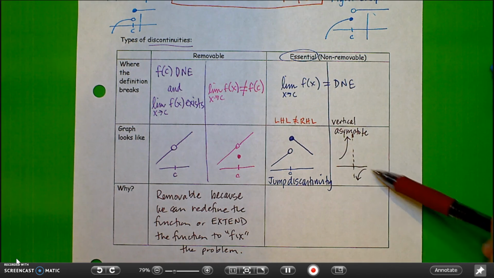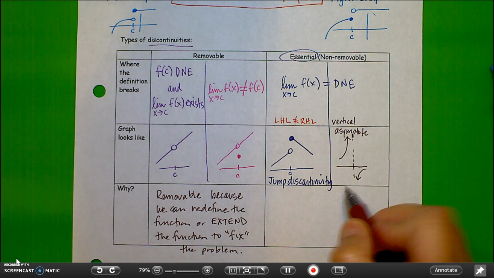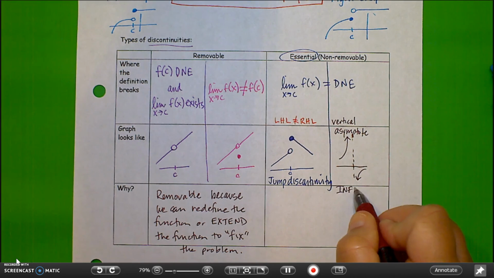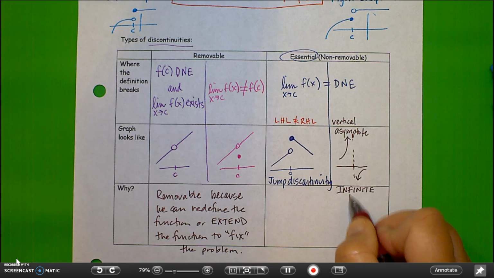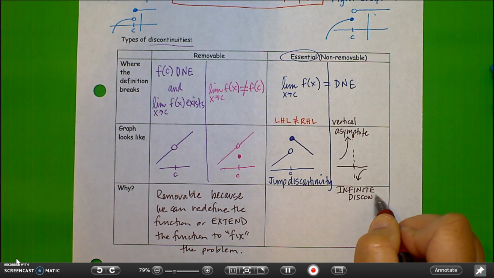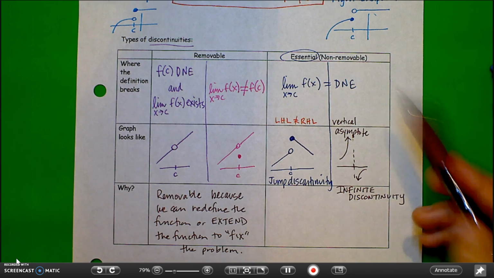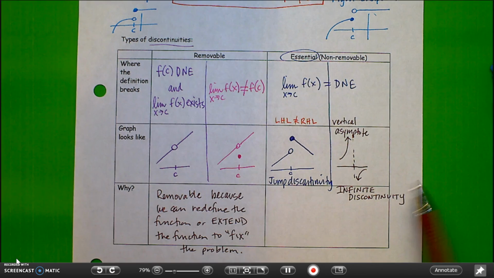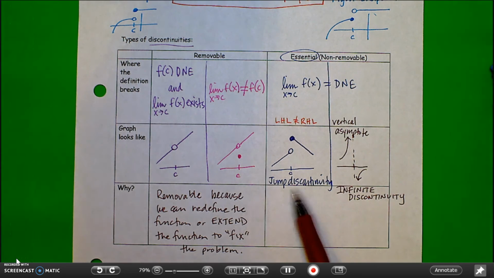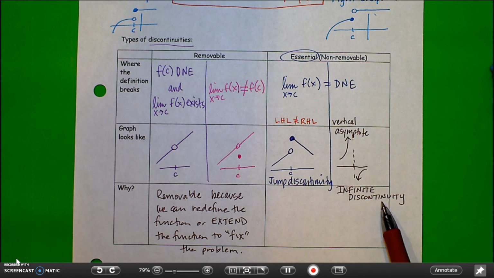Going to positive infinity here, negative infinity there. This is called an infinite discontinuity. So for the essential non-removable discontinuities, we basically have a jump discontinuity or an infinite discontinuity.